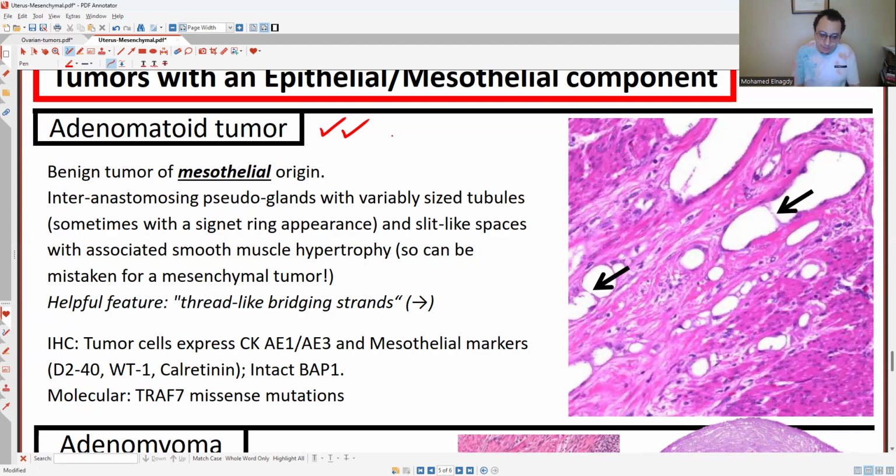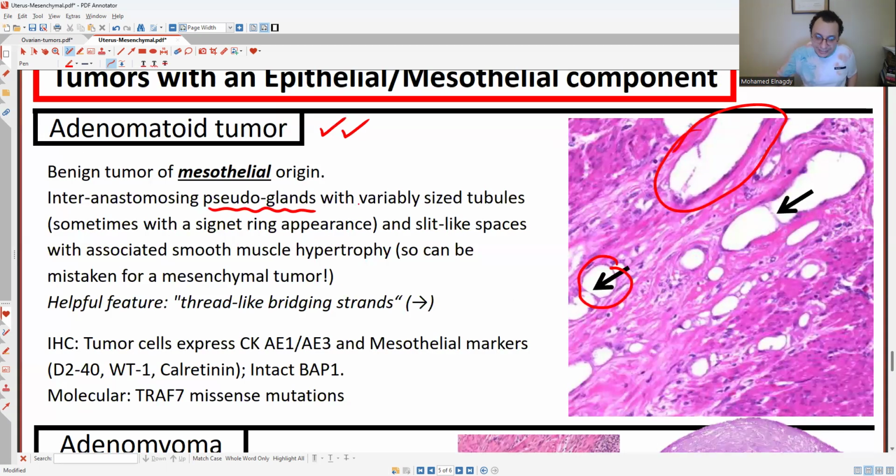And when they give you the picture of the tumor, you see these gland-like, slit-like spaces. See these spaces? Pseudoglands. They are not acini. They are not glands. You need to know this. These are pseudoglands. They look like tubules.